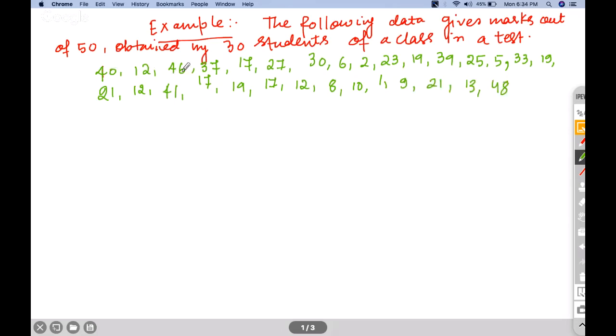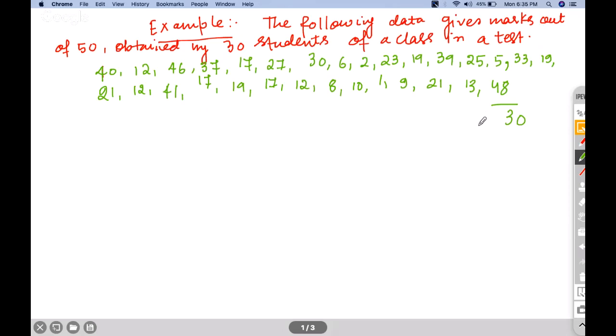How many data? 1, 2, 3, up to 30. So I have all 30 data.